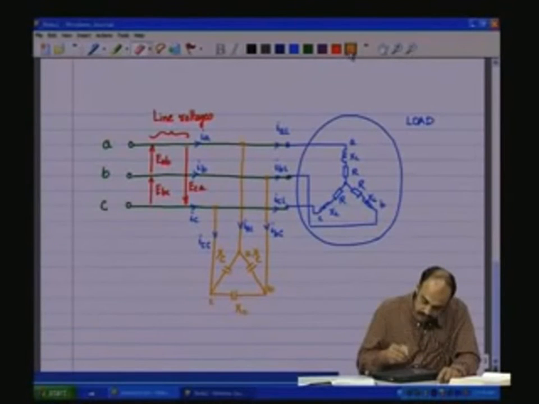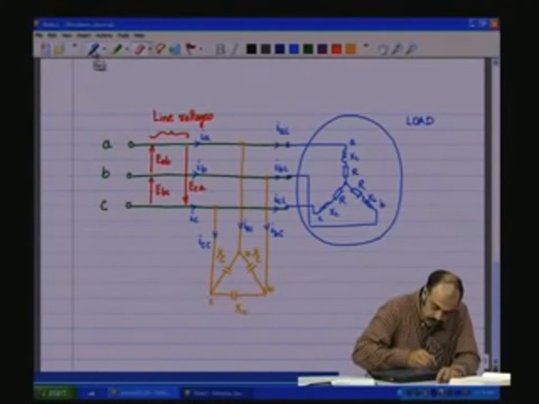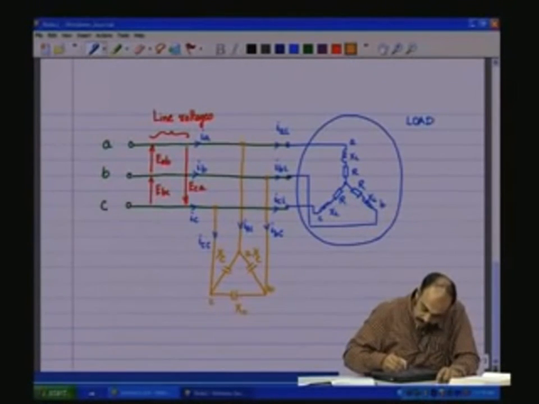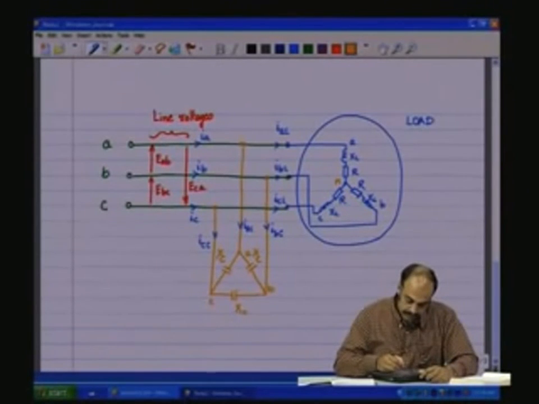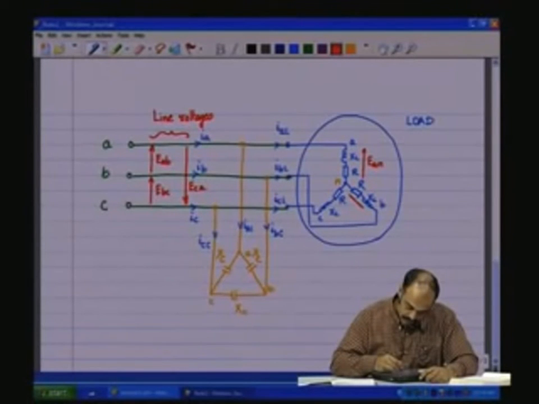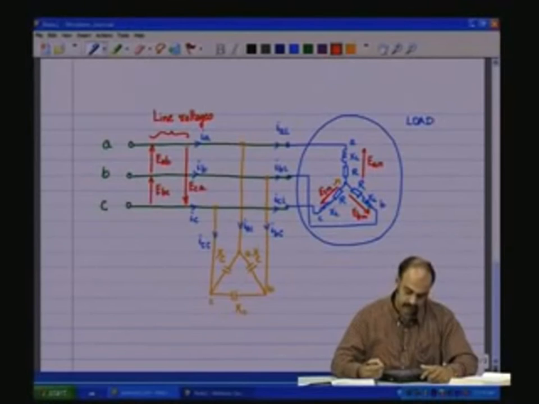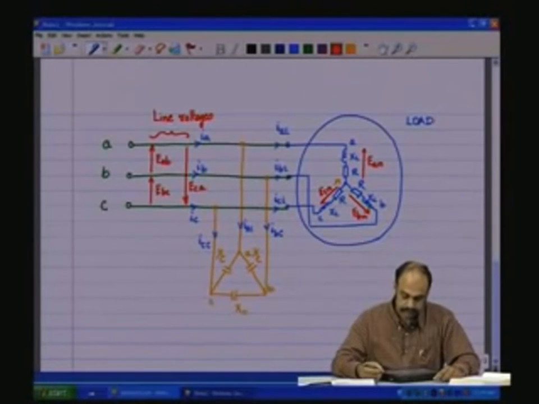Here at this point, let us also include in the star circuit a point called the neutral point, so that we can say this is EAN, and here we have EBN, ECN.